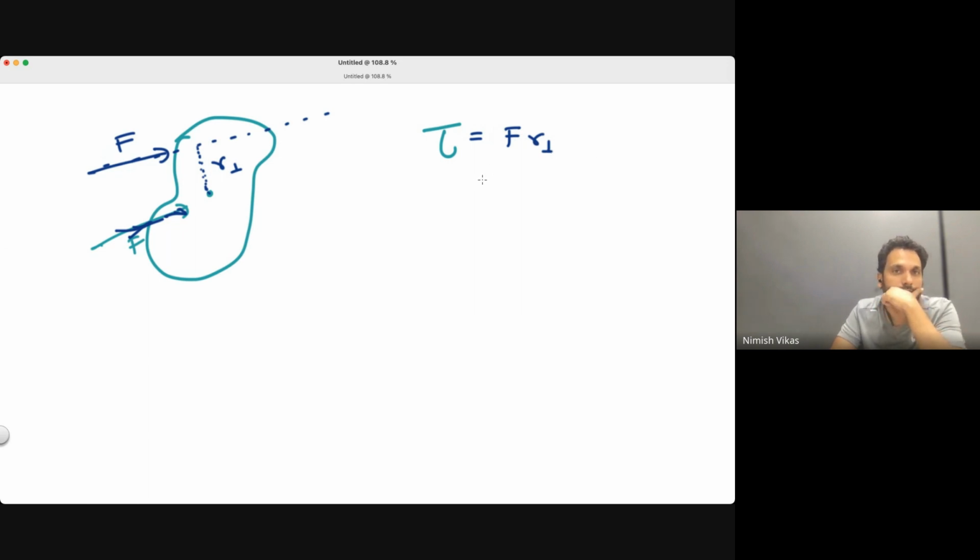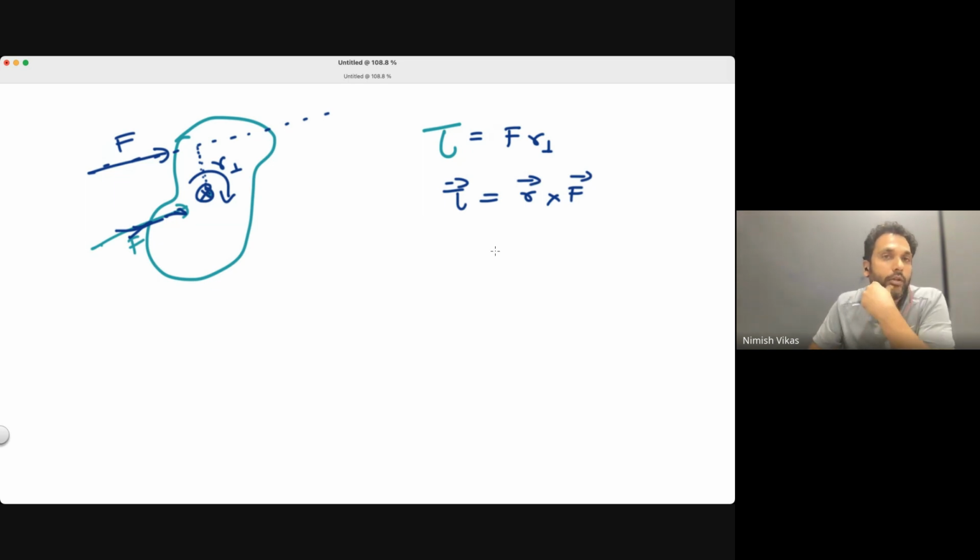Is that clear? And then you can see the sense will be like this. So the torque direction will be this. You can use your right hand rule and say that this is inside, the vector direction is inside. When I say vectors, I have to properly write it as R cross F. So that's your torque. Is that clear?